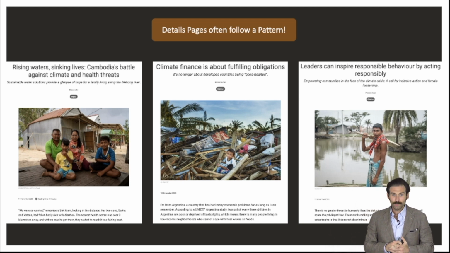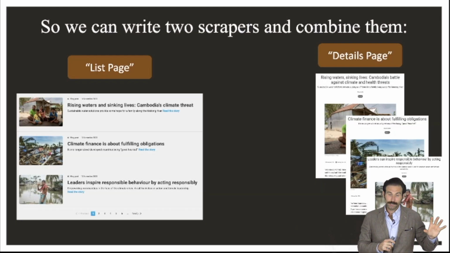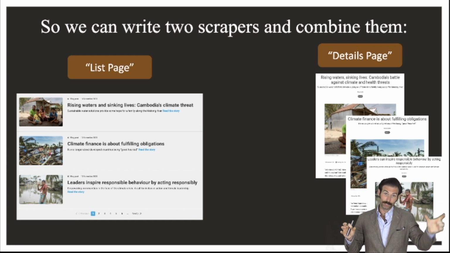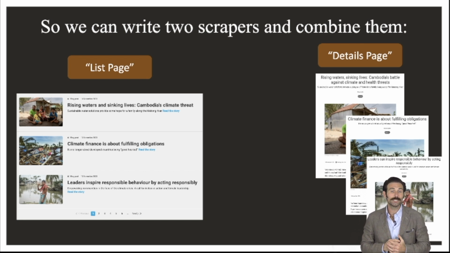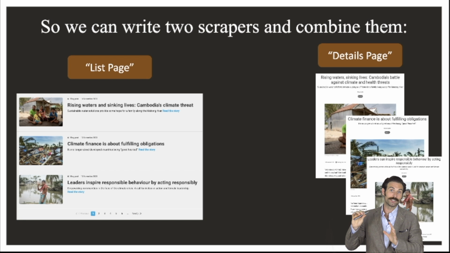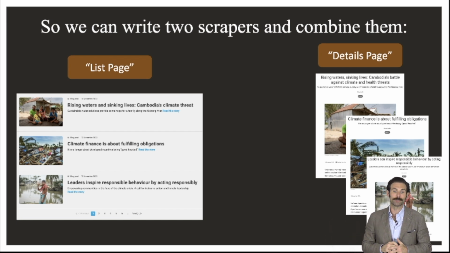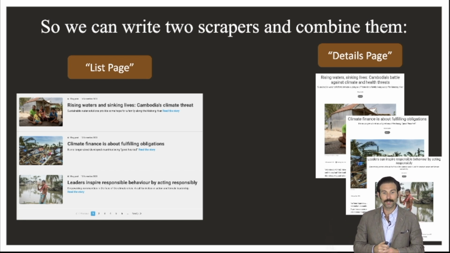So if we look at lists and details pages, we need to build one scraper for each, but that's it. We want to build a scraper to pull the list, and then a scraper to pull each individual details page. They're usually programmed in the exact same way, the details pages, and that means that we only have to build one scraper, and then we can just go visit each detail page and use our scraper to pull that information.